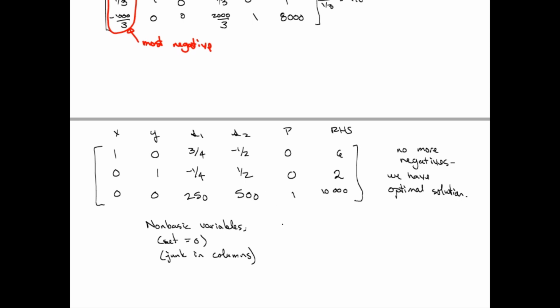So that'll be S1 and S2. So both the amount of slack in both of our constraints is 0. What that means is that she is not going to have any leftover time for phone calls, nor any leftover time for visits. She will be using all the possible time.